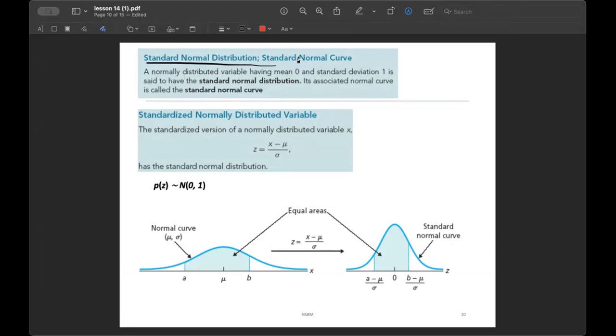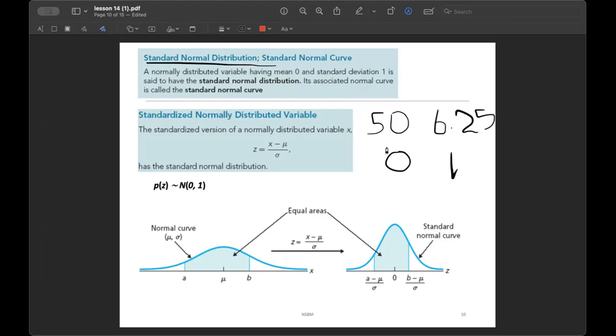For the previous example, we had mean 50 and variance 6.25. But always, if it's a standard normal distribution, the mean is equal to 0 and the variance is 1.